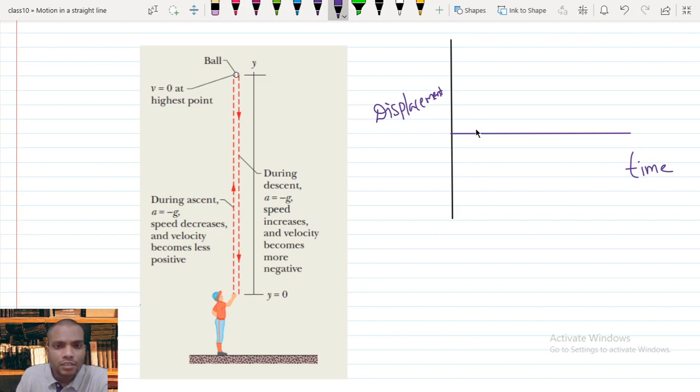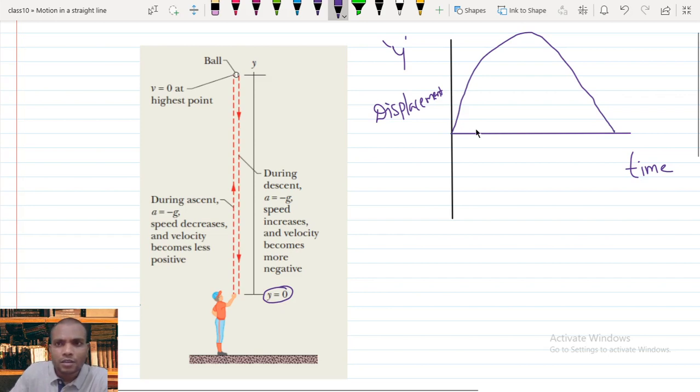Here the initial position y equals 0. The ball will move from 0 and reach a certain height in the positive direction, and again it falls back. This represents the displacement versus time graph for an object which is thrown like this. From 0 it is going up, so the displacement is positive. At the top, it is coming back, so the displacement is negative. So this is the displacement versus time graph.